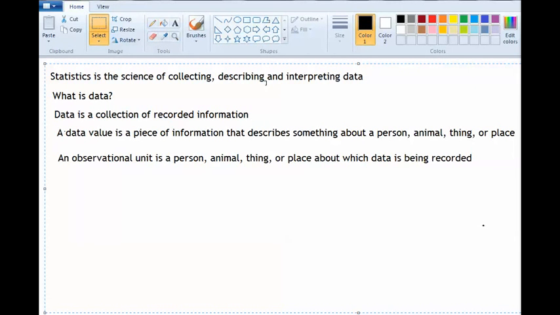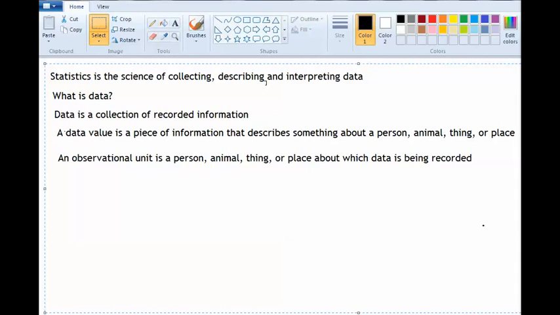Let's also talk about the meaning of an observational unit. An observational unit is a person, animal, thing, or place about which data is being recorded. If I ask a person, how tall are you? And the person says, I'm 55 inches tall, then 55 inches is a data value, and the person is an observational unit.